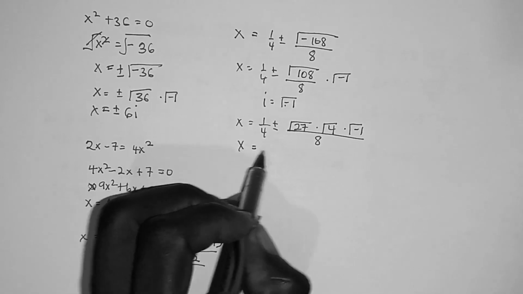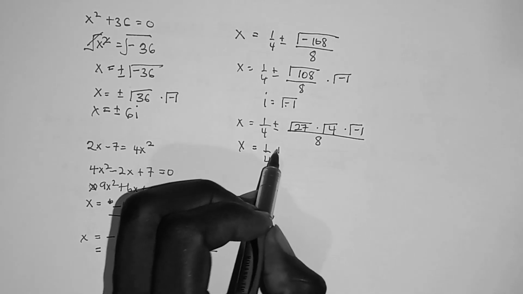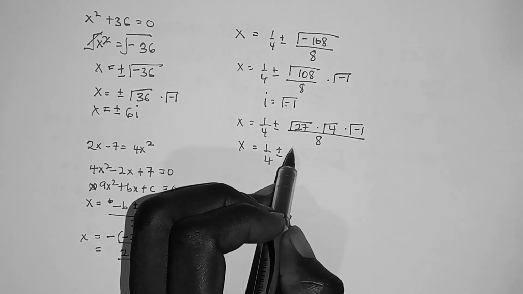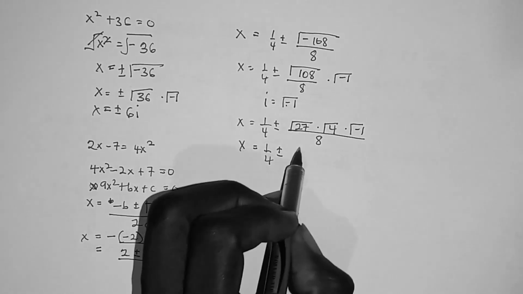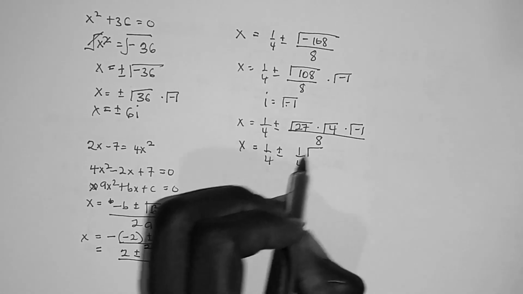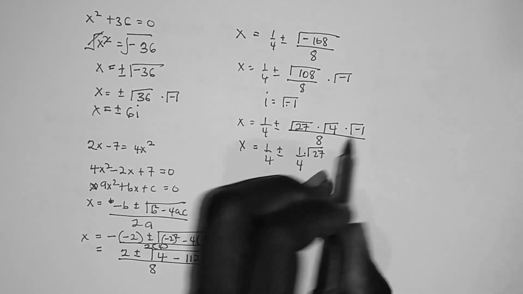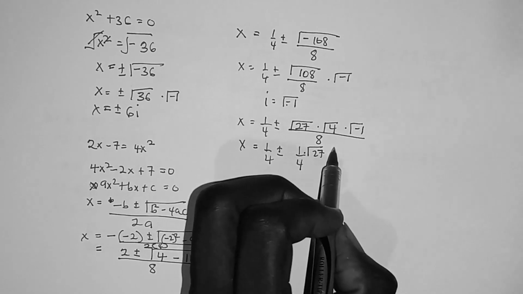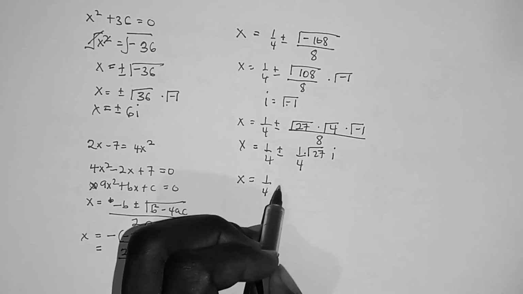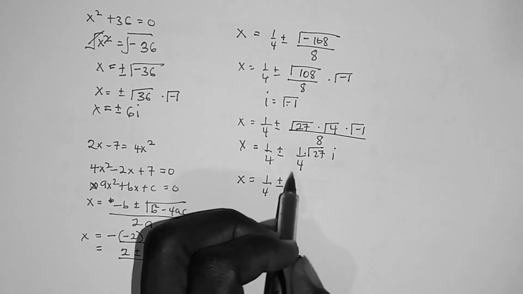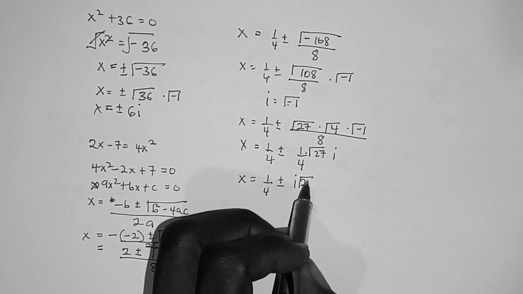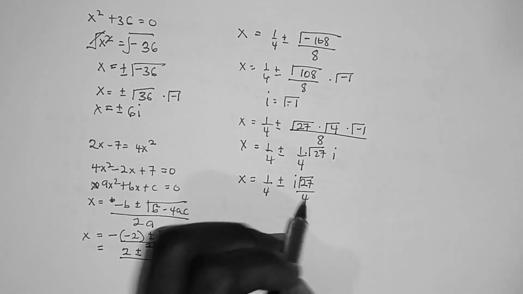So x is equal to 1 over 4 plus or minus square root of 27. So 1 over 4 times square root of 27. Then square root of minus 1 is i. So finally, x is equal to 1 over 4 plus or minus i square root of 27 divided by 4.